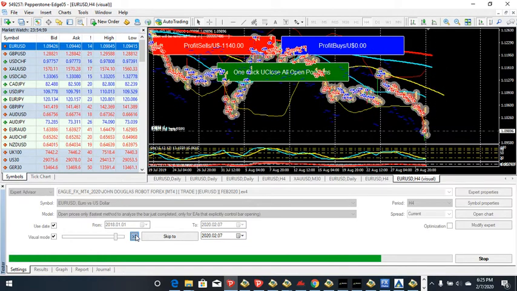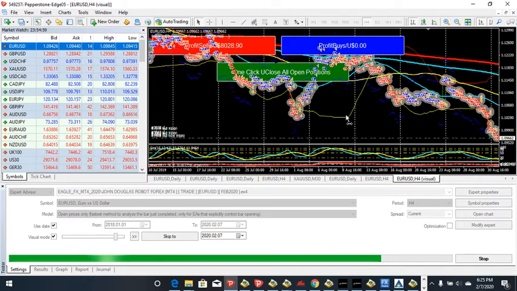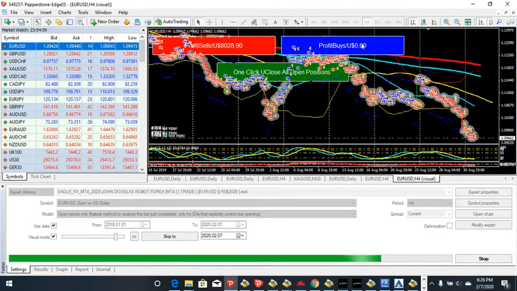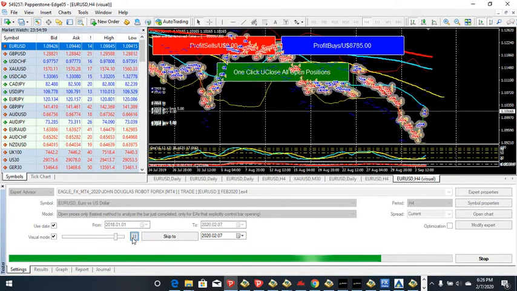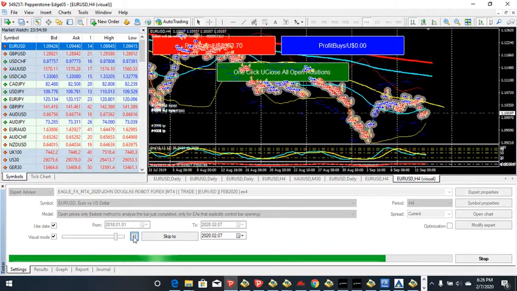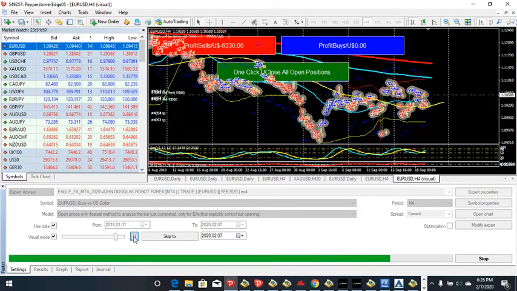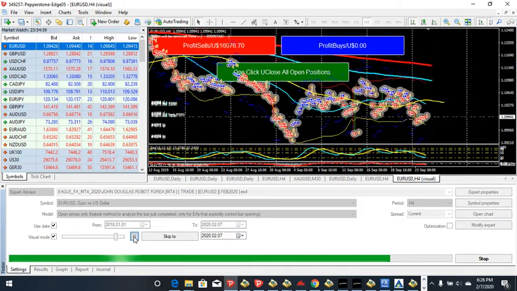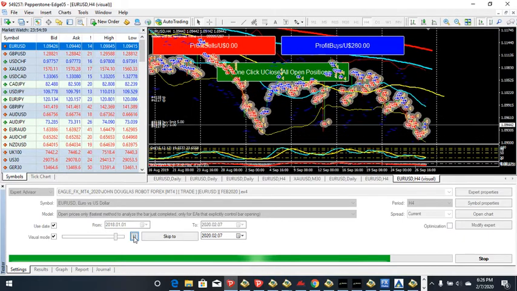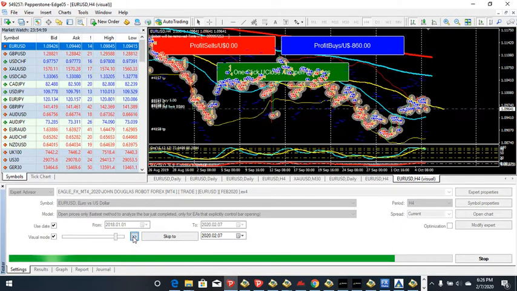Look at that. Sell. And with the button here, red button and blue button here, like that. Have something here. Okay. Look at right here.